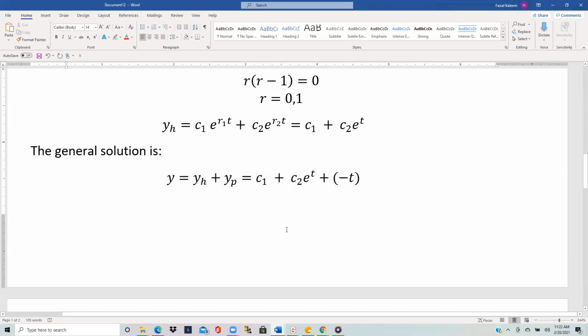Now the reason why this problem is in this section of superposition principle is that this result, y is equal to yh plus yp, is actually also superposition principle, because remember it has two parts. One is if you have a solution, then the multiple of that is a solution if you multiply. And here one part of superposition principle is that if you have a solution of two equations with different right-hand sides, then the sum of the solutions will be a solution of the same equation with the sum of the two right-hand sides.